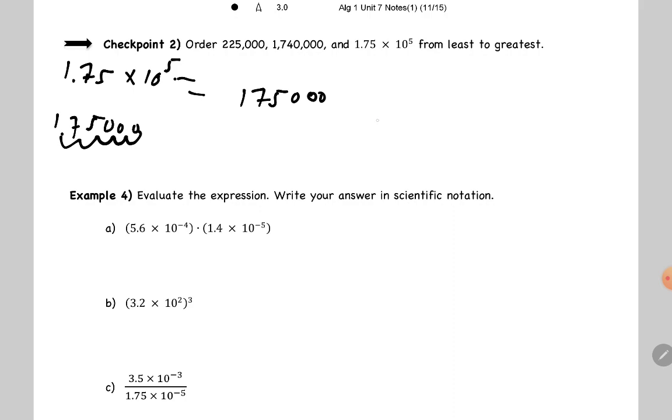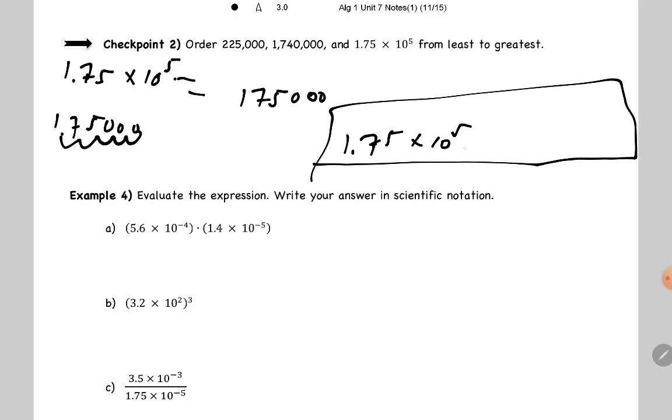Okay. So least to greatest, 1.75 times 10 to the 5th is the smallest one. And then we have 225,000. And then we have 1.74 million, which is 1,740,000.